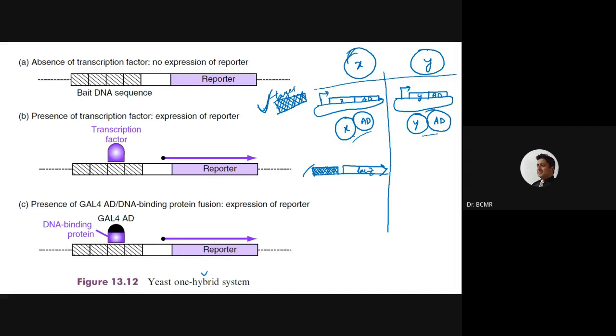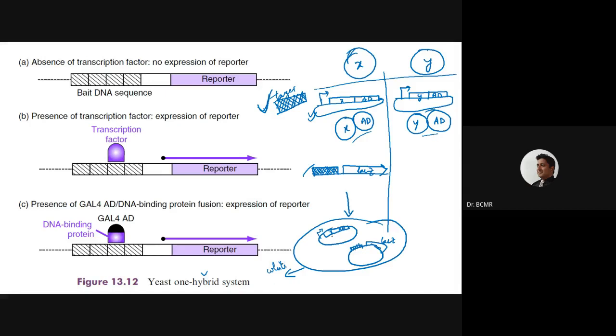So what will happen now? If blue color is produced in this cell, in one cell, now you have the vector for the hybrid, this one, which has X and AD, and you have another vector here wherein you have the bait sequence and the reporter like lacZ. If this cell gives white color, what does that mean?